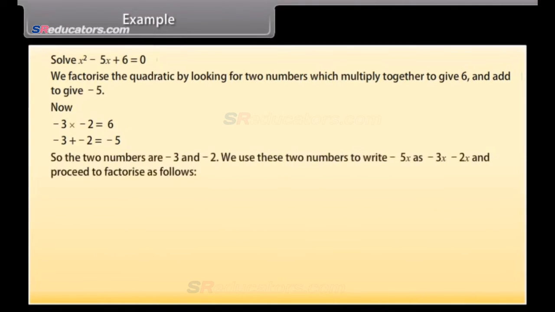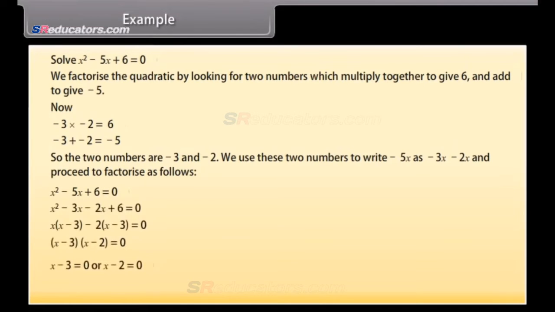So the two numbers are minus 3 and minus 2. We use these two numbers to write minus 5x as minus 3x minus 2x and proceed to factorize as follows, from which x minus 3 is equal to 0 or x minus 2 is equal to 0, so that x is equal to 3 or x is equal to 2. These are the two solutions.